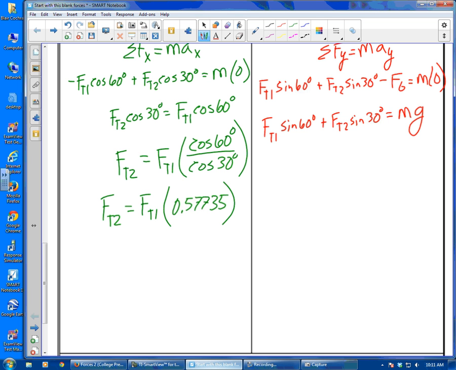So now I can replace ft2 over on this side with that value. So I do that, ft1, and might as well look up sine of 60.